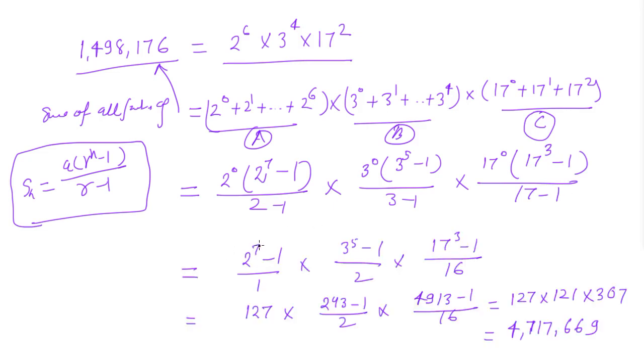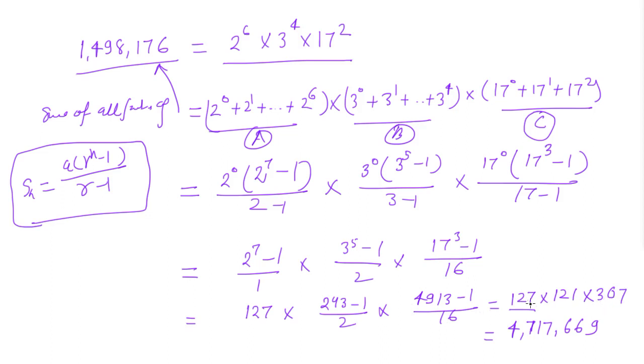2 to the 7th equals 128, and less 1 equals 127. 3 to the 5th equals 243, minus 1 by 2. 17 cubed equals 4913, minus 1 by 16. So 127, and this would become 121, and after calculating this fraction we will get 307.